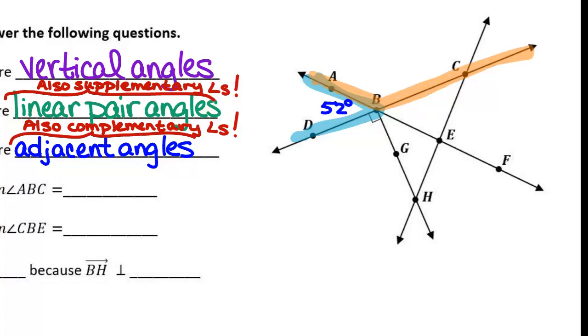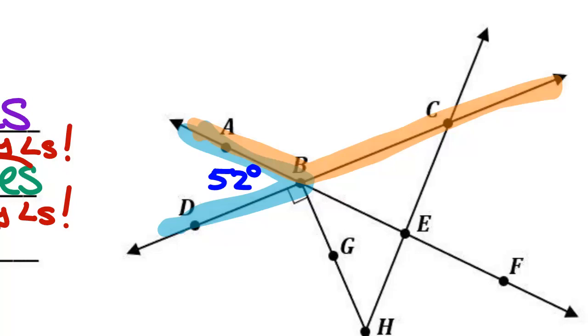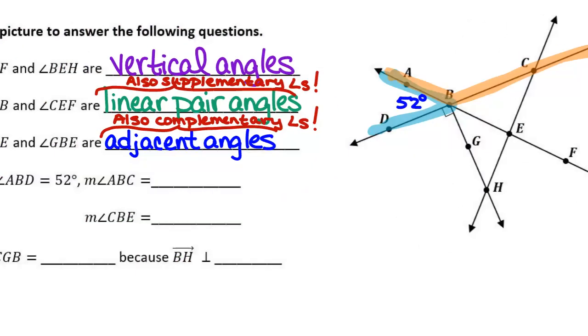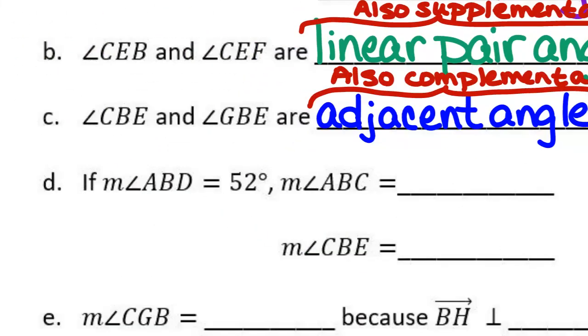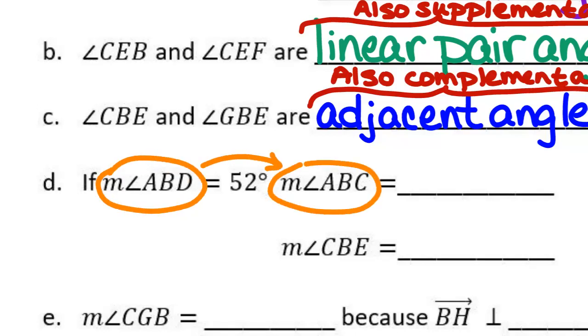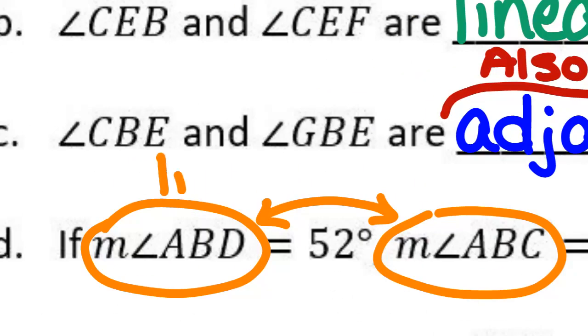How can I figure that out? Yep. What do we call this angle pair, ABD and ABC? I know they make a straight line. So they're a linear pair, yes.